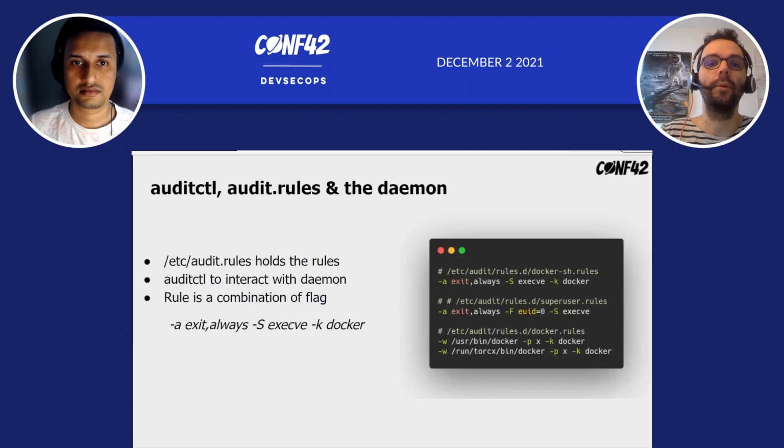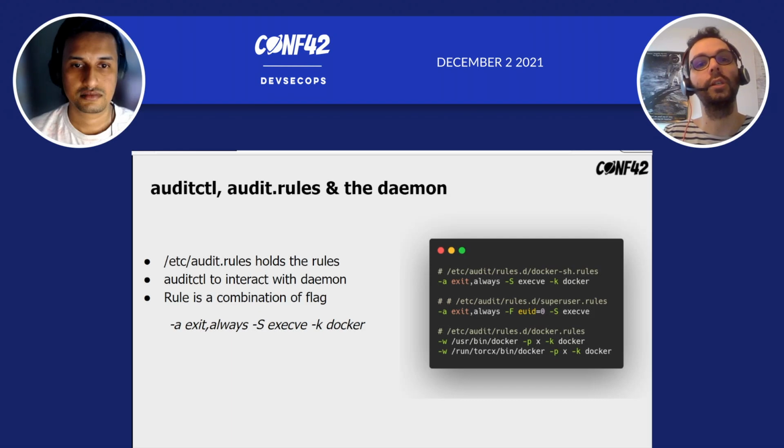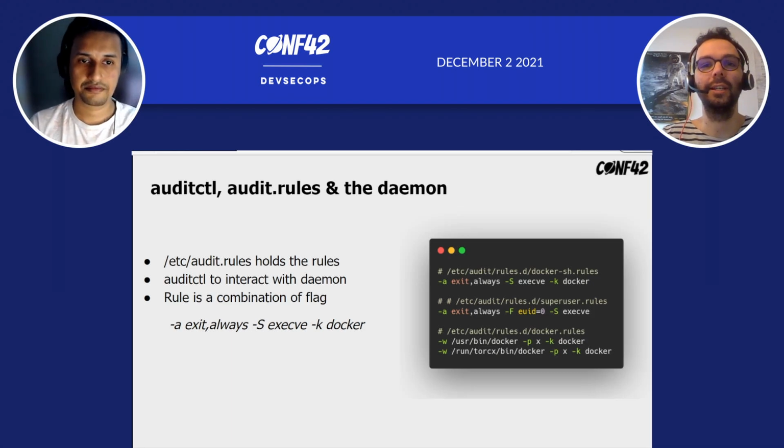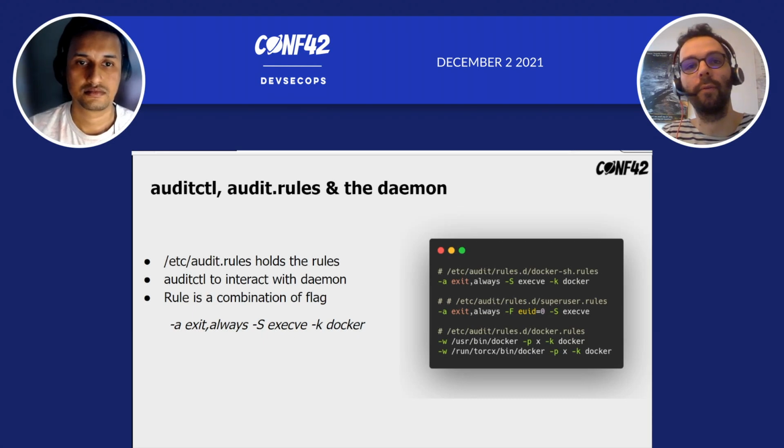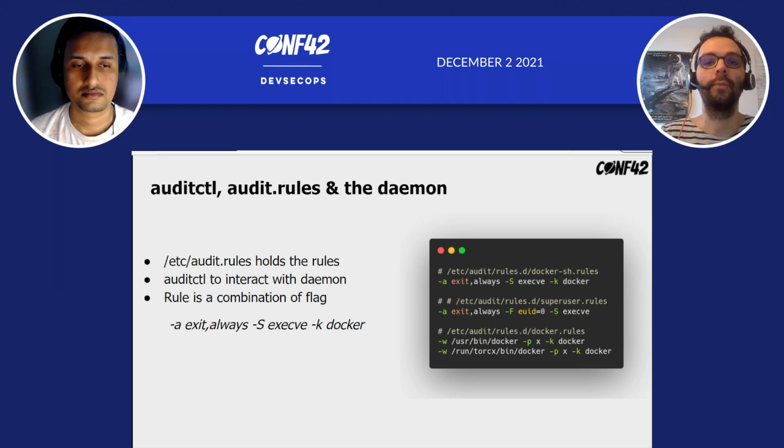Also, audit can be used with rules, so you will define what you want to see and what you don't want to see. These rules are pretty simple. You just have a bunch of flags, and you need to dig into the manual page to see which flag can be used with which other flags, so you'll be able to filter the input and output of audit.